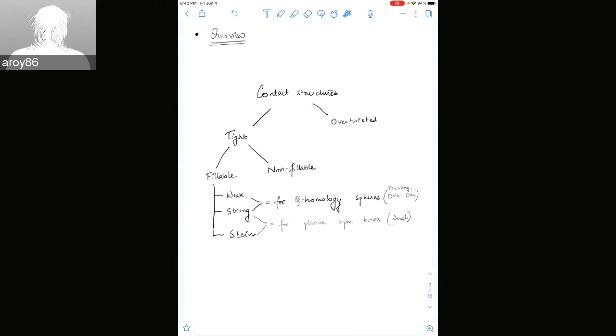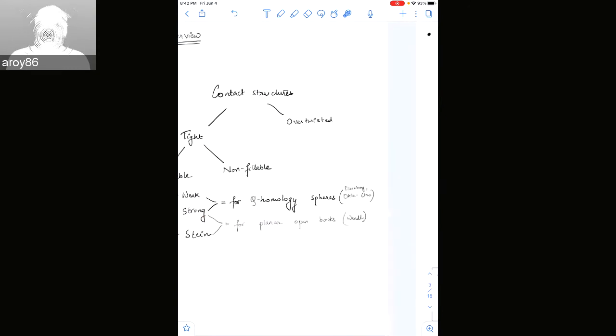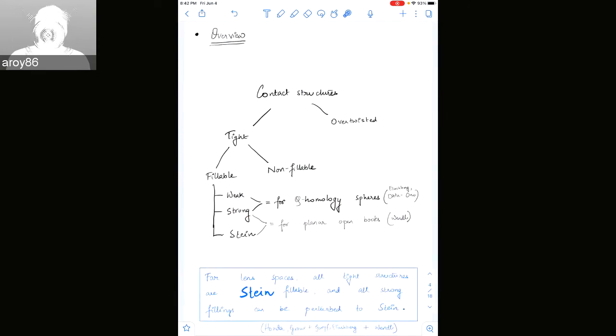Now, the notions overlap. For rational homology spheres, any weak filling can be perturbed to become a strong filling. And for manifolds that are supported by planar open books, any strong filling can be perturbed to actually give a Stein filling. We are interested in lens spaces, and lens spaces admit planar open books.